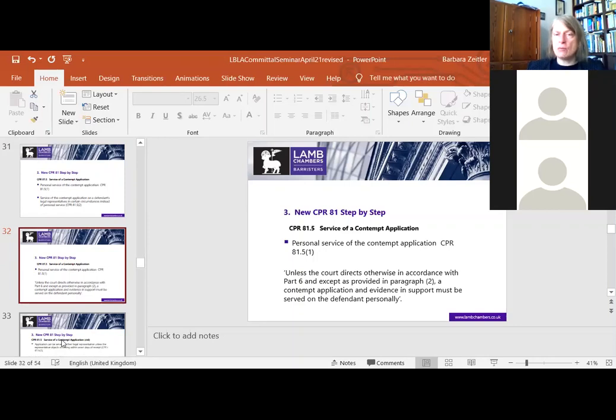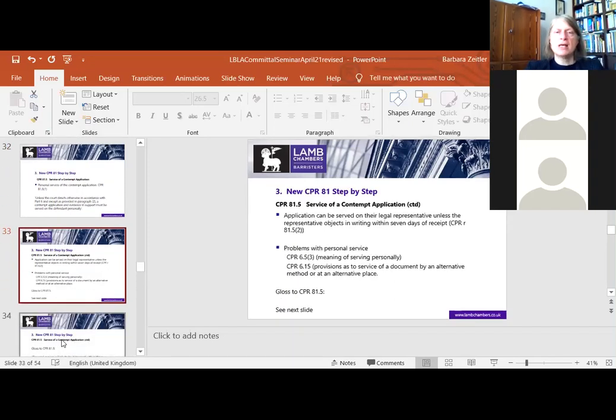It's quite important to look at the specific wording of 81.5(1). This is unless the court directs otherwise in accordance with Part 6, which is the service provisions under the civil procedure rules, and except as provided in paragraph 2, which covers service on a legal representative. The application and all the evidence in support must be served personally.